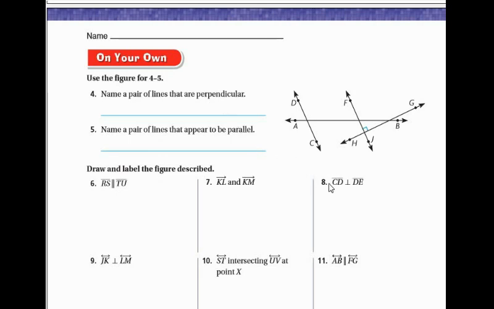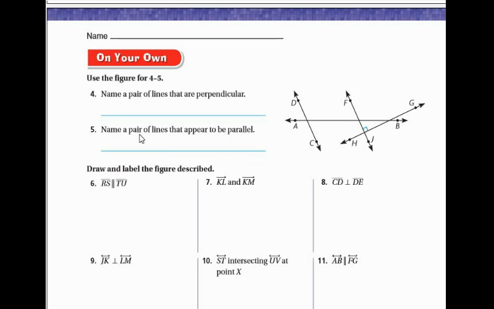So we are searching for where the right angles are, the intersecting lines with right angles. As you see, we have line FJ perpendicular to line HG. Here.